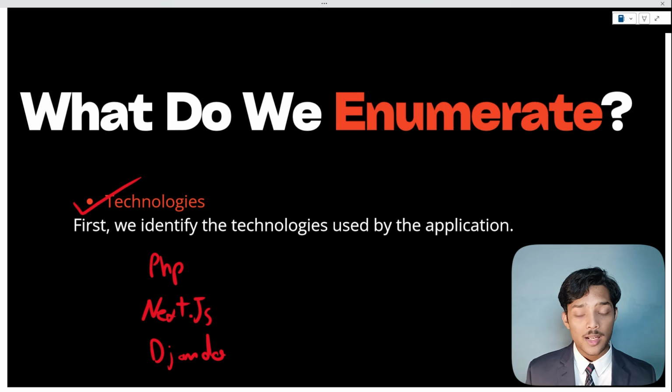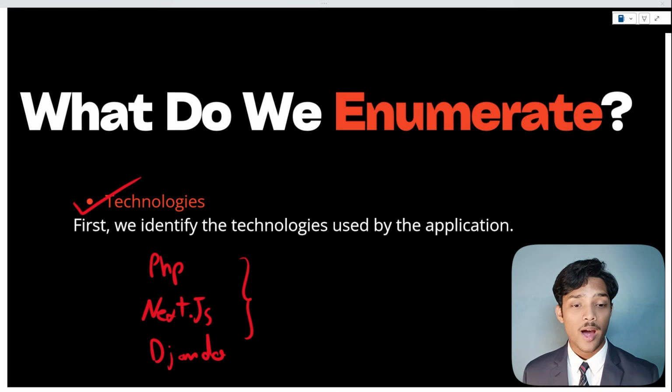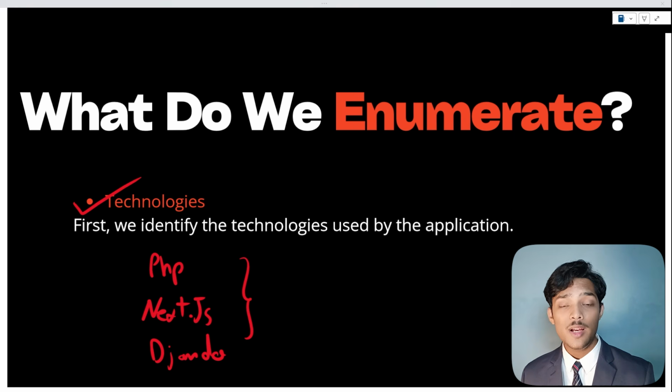Why are these technologies and frameworks so important? Because every technology has its own versions, and every version has its own weaknesses and vulnerabilities. If you know the tech stack of a company, you know exactly what to investigate and where to investigate.